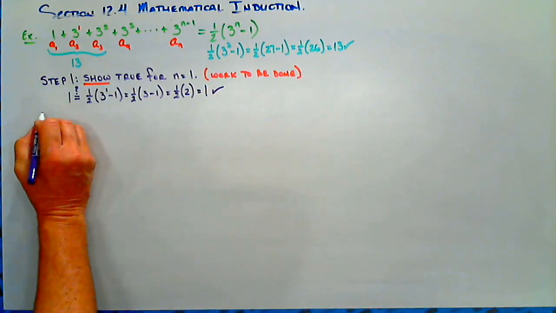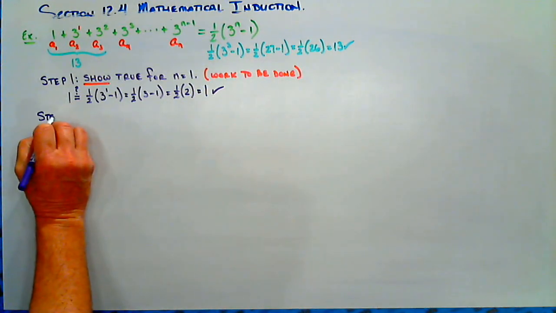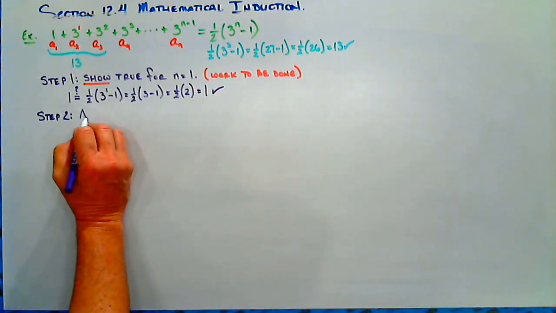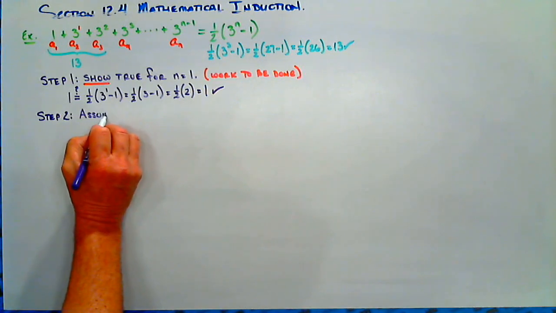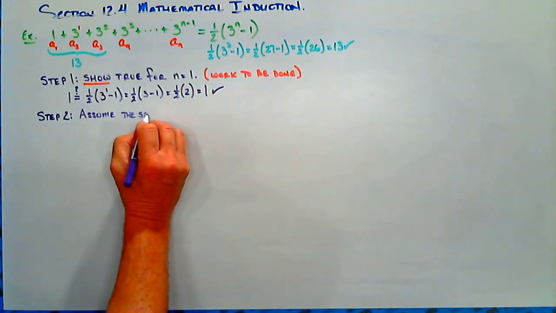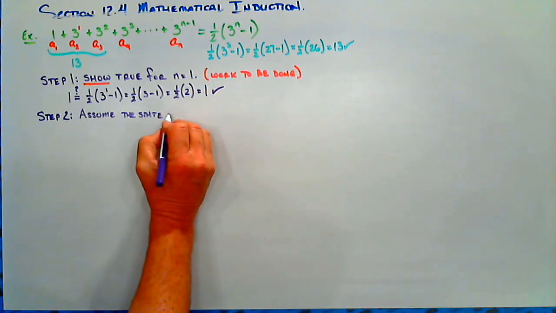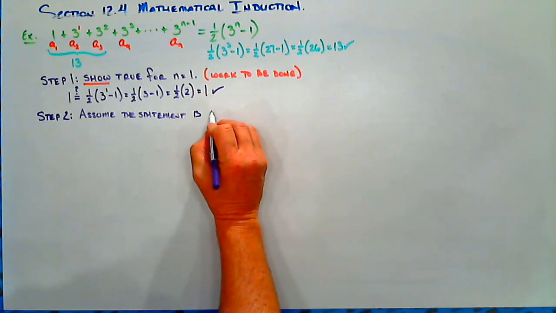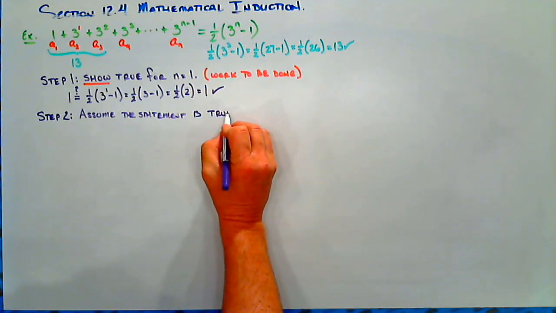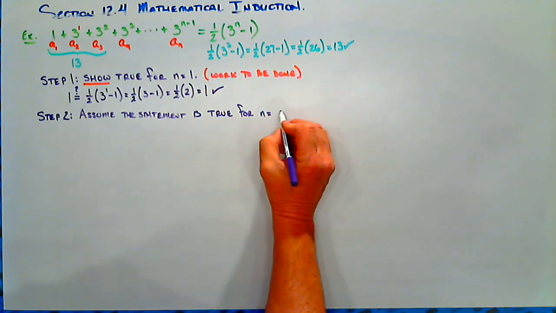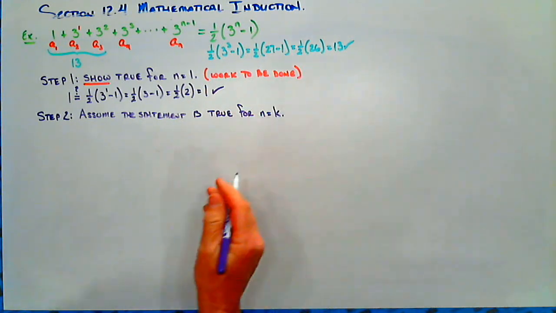Right? And remember, step 2 is our assume step. We're going to assume the statement is true for n equals k. Now, what does that mean?